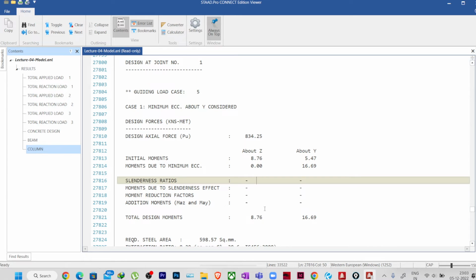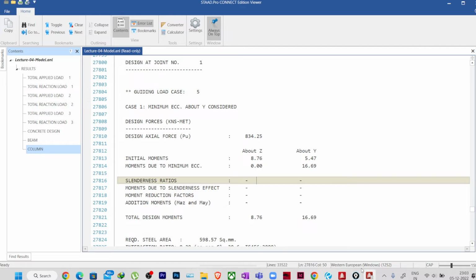Now again we have not assigned any L effective value, but whenever we are analyzing with the default parameters, in that case STAAD will be considering the effective length as the node to node distance of the column, means the node to node length. So this L effective, basically why we are keeping it as 1, because now we are only designing, or analyzing, the structure for the gravity load.